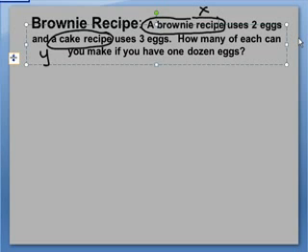For every brownie recipe, so for every x recipe that we make, we need 2 eggs. So 2 times x. And we need 3 eggs for every cake that we make. And we only have a dozen eggs altogether, so we can use all dozen, or we can use less than that. So here's the inequality that we're looking at.